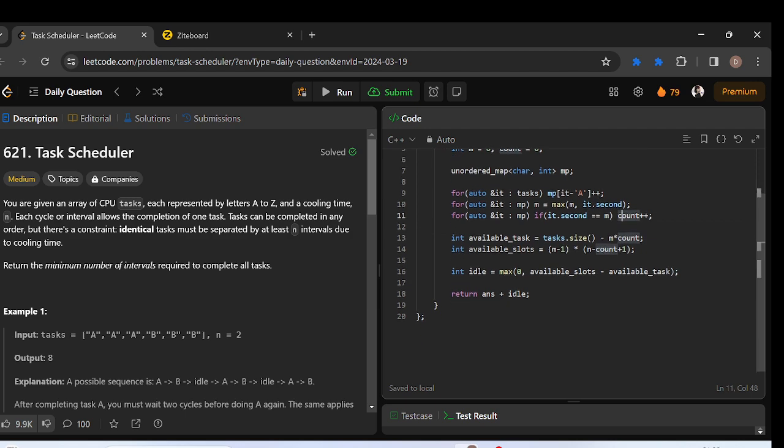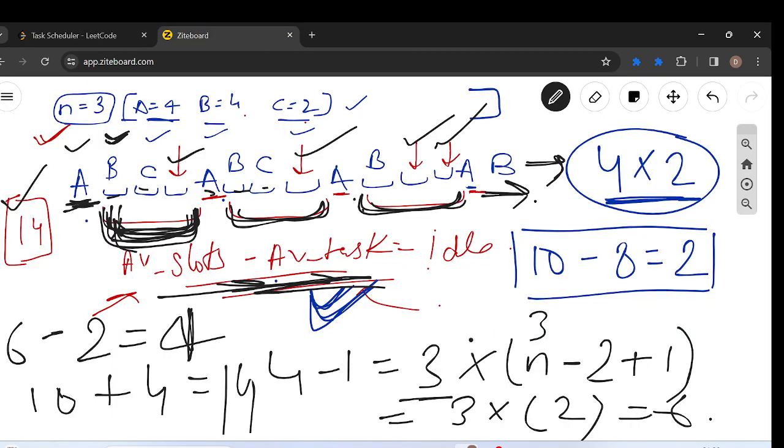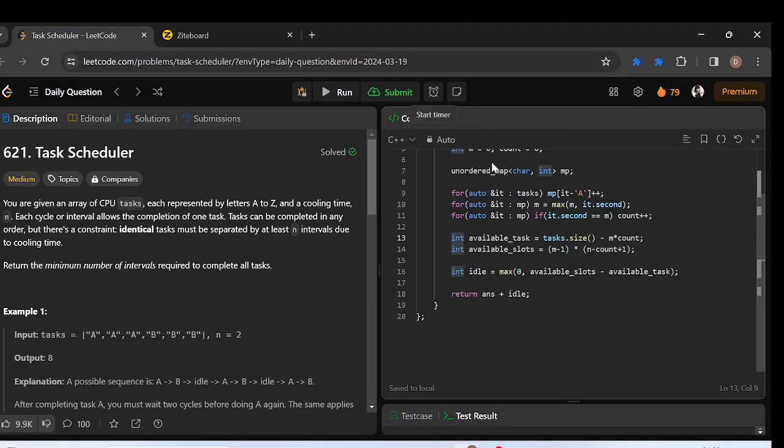Now like here we have solved the available tasks and available slots. In the similar way, we have written available tasks as total tasks minus maximum frequency into the number of times that frequency is occurring, and available slots as the number of big gaps into, in one big gap, how many small gaps are there. And from here we have found our idle and return answer plus idle, and let's submit it.